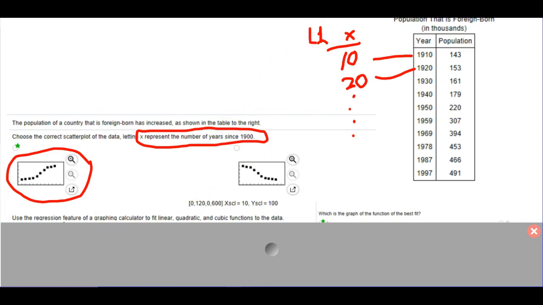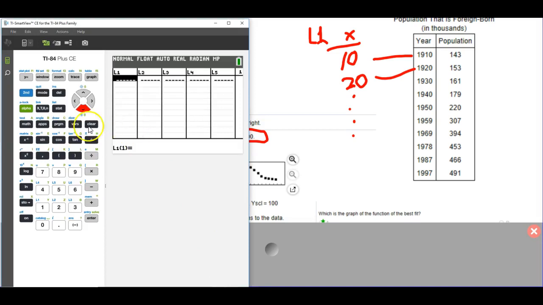So let's grab our calculator again. Okay, and so I'm going to be typing 10, enter, 20, 30 for 1930, 40 for 1940, 50 for 1950, 59, the next one is 1959, 69, 78, 87, and 97.